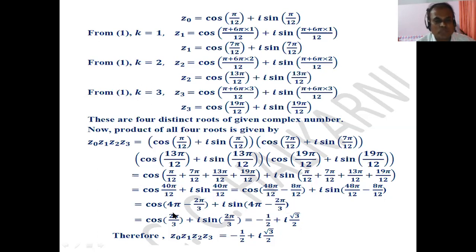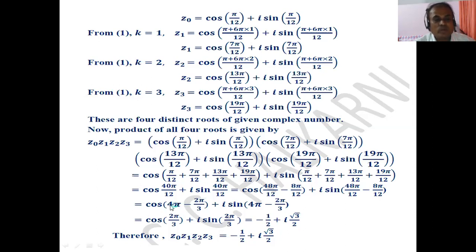Again, we use the cos of a minus b formula. So cos 4 pi into cos 2 pi by 3 plus sine 4 pi into sine 2 pi by 3. Now we know that the cosine value for a positive even integer multiple of pi is 1, and for an odd integer multiple it is minus 1.